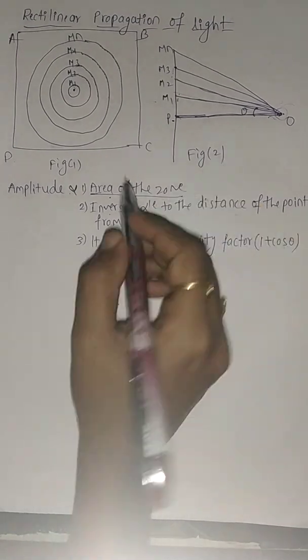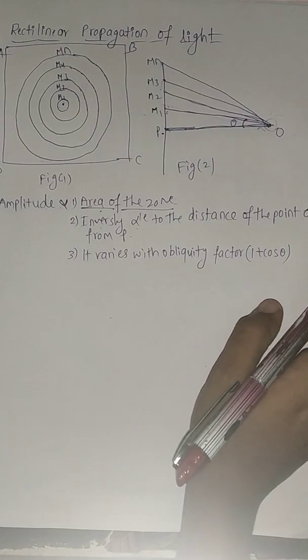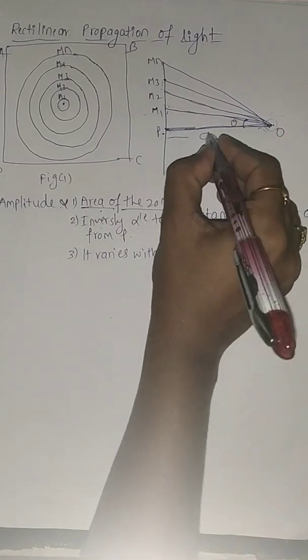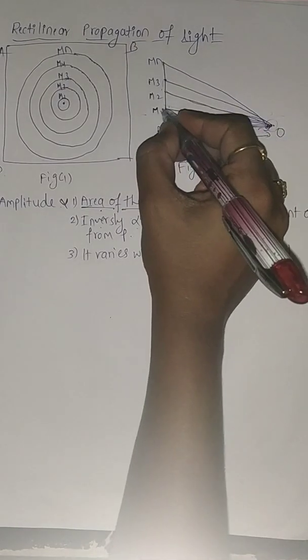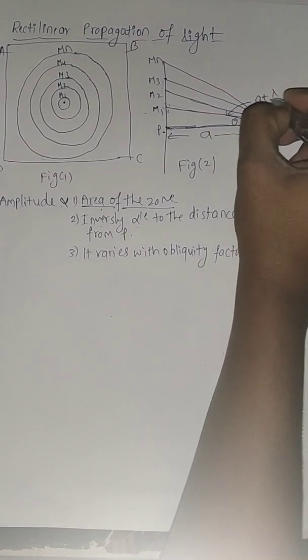So see here, as we already know, the construction of the zone plate. What is the construction of the zone plate? From P to O, suppose the distance, I'll take it as A. Then by taking O as center and the radius equal to A plus lambda by 2, we draw a circle on the wavefront.